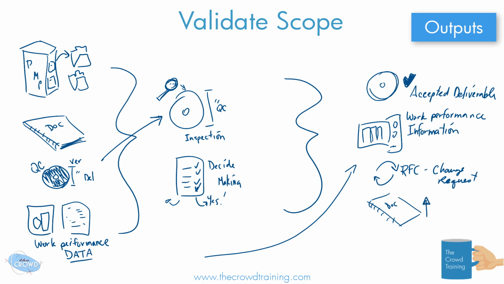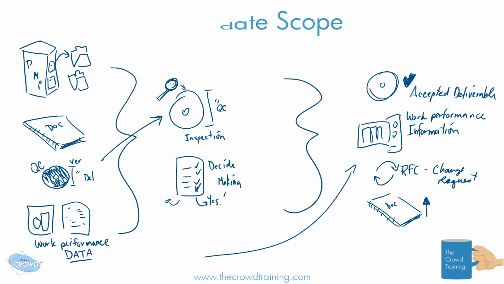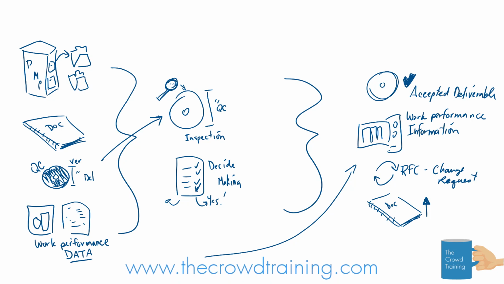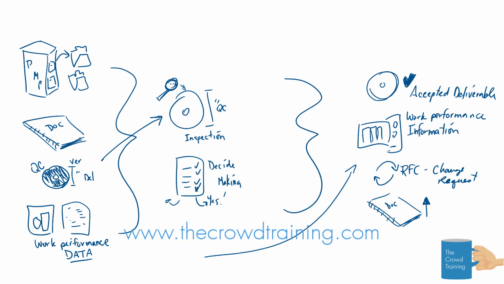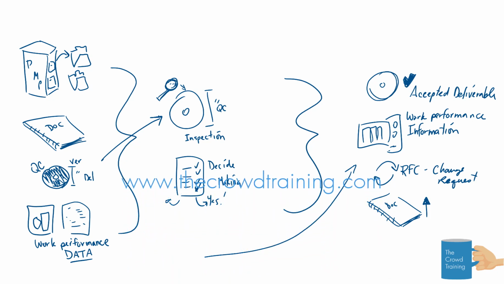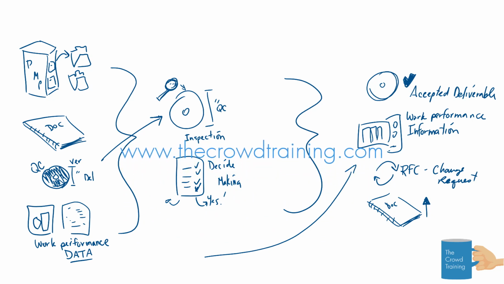Maybe the requirements documentation or the traceability needs to show that whoever was responsible for doing that is in fact done, or it's been accepted, or anything else that has to be updated. And that is a quick review of the validate scope process here from the crowd training in PM City.